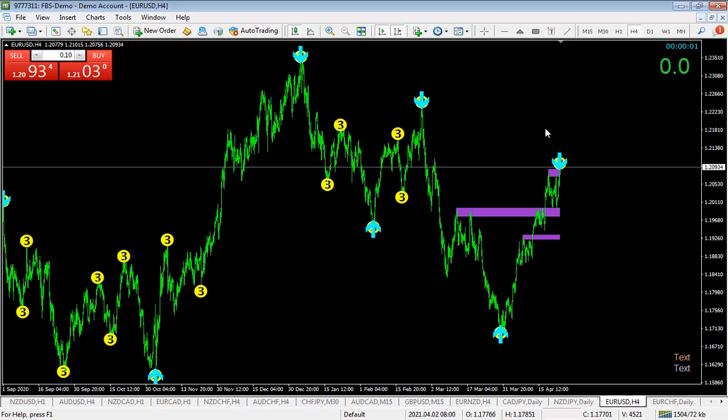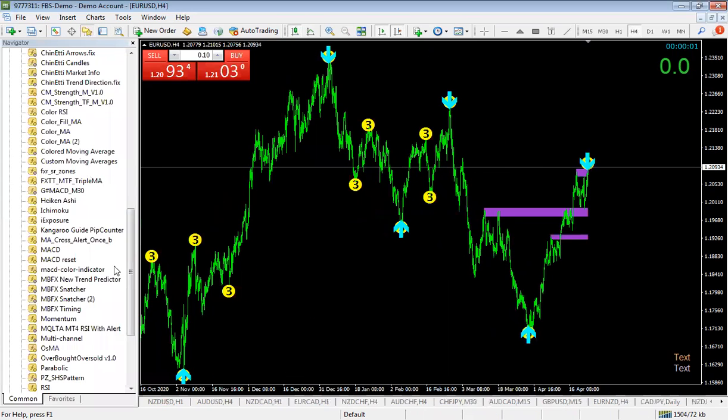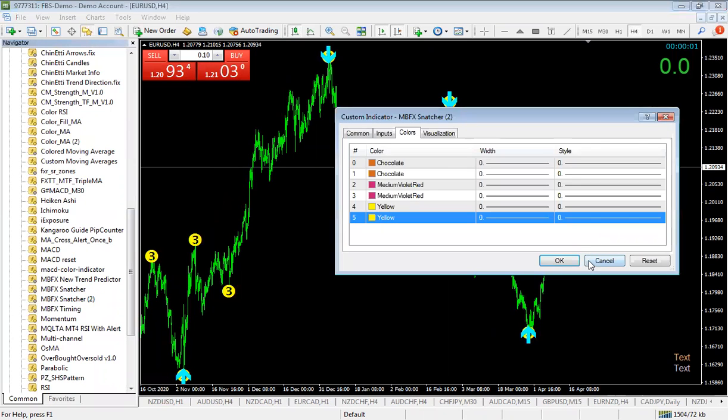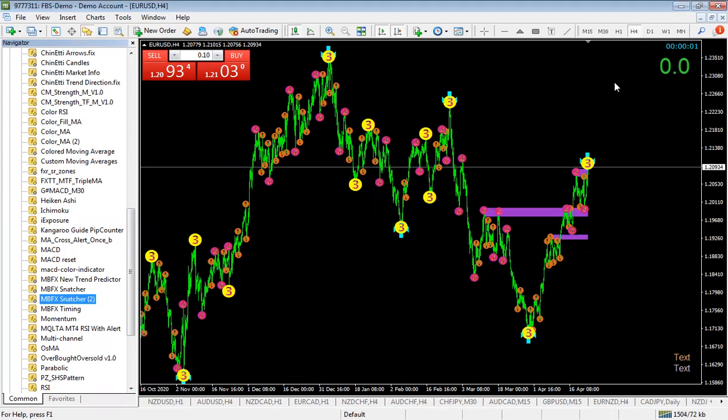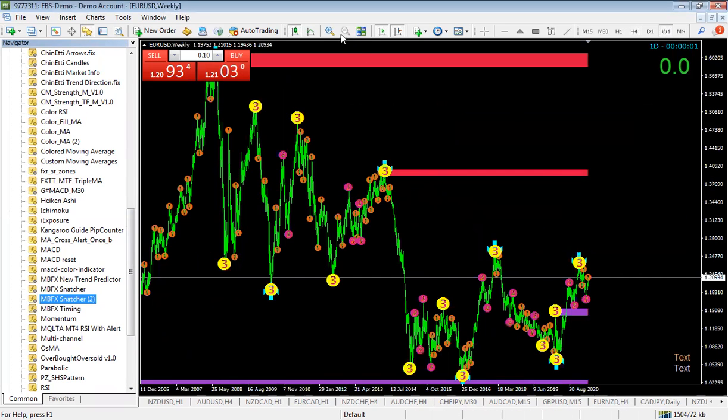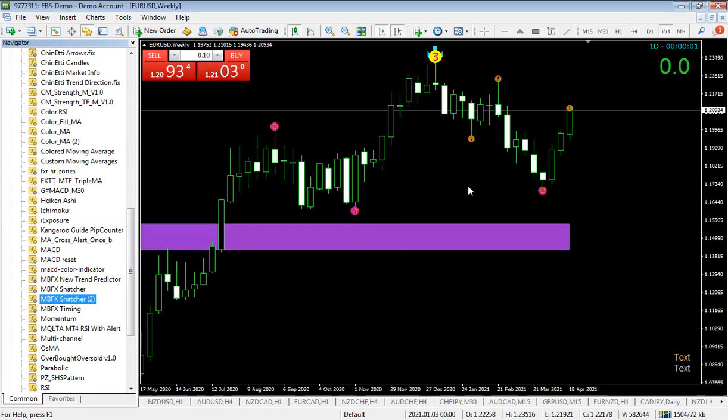But to me, I said no, because if you look at this detail here, I put this on. You go to the weekly, look at it. You see that brown, brown, purple. But the next purple is not yet here.